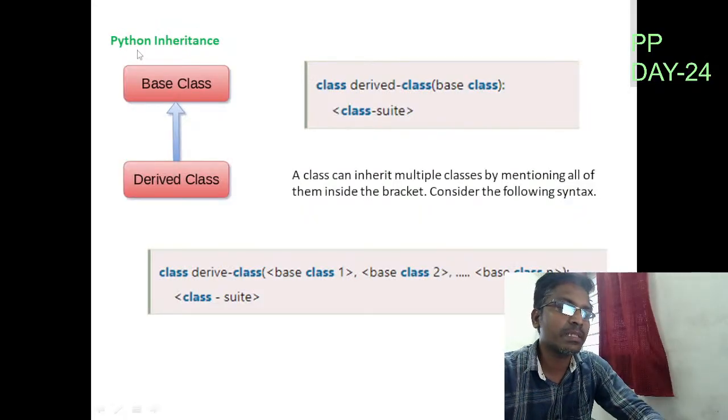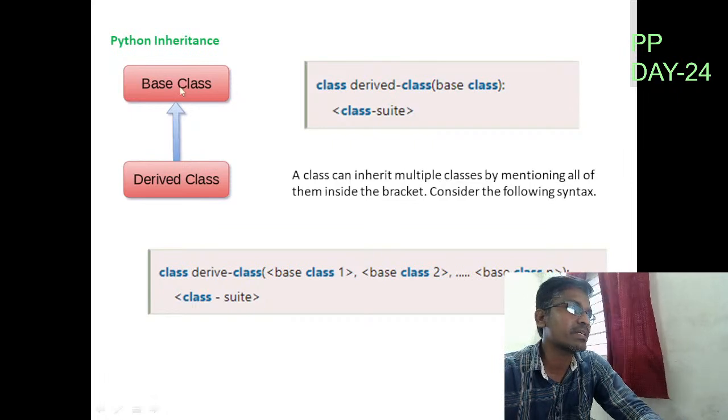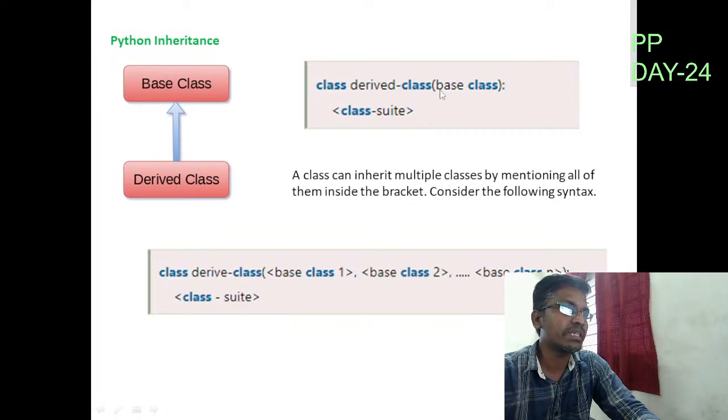So what is inheritance? I said in a previous class that deriving a new class from an existing class is called inheritance. If you want to derive from more than one class, then within the brackets you have to write the number of base classes followed by commas. So here I'm going to derive a new class from more than one base class.